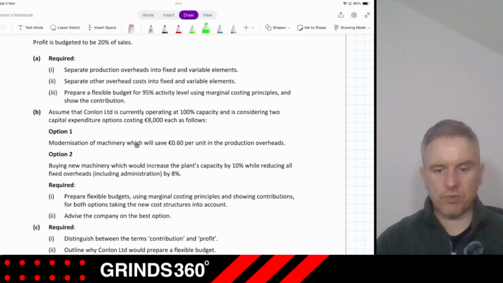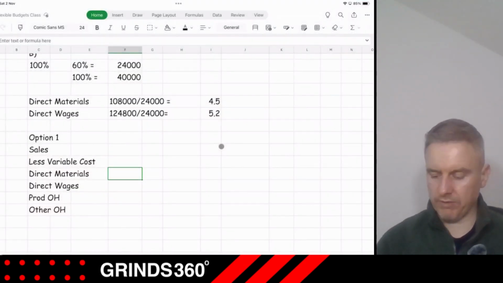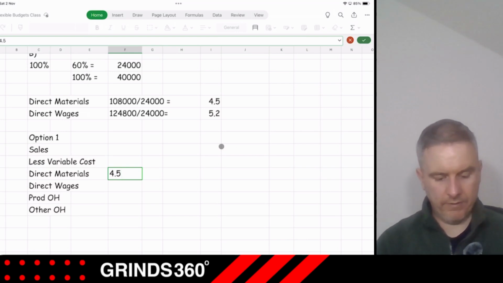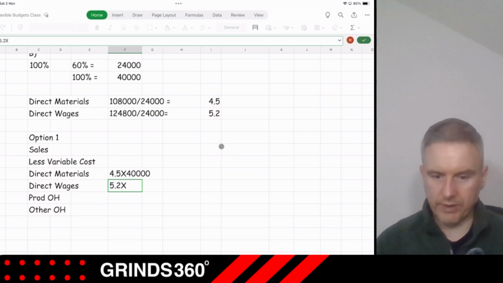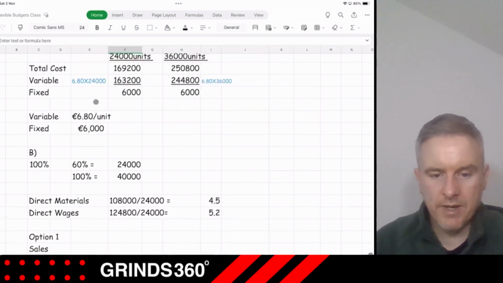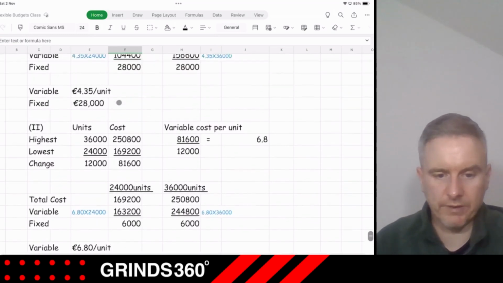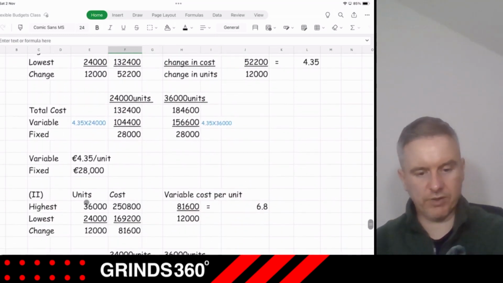So modernization will save 60 cent per unit. So if we look, our variable costs, our direct materials will still be 4.5 by the number of units, which is 40,000 units. Direct wage is 5.2 by the 40,000 units. Production overhead, this is where it changes, okay? So my variable production overhead per unit was 4.35. Now that's going to change.